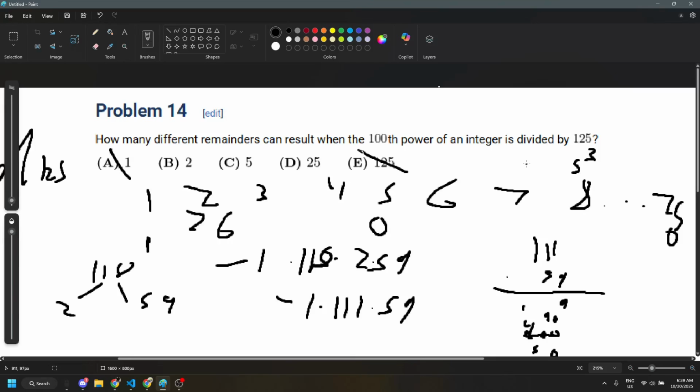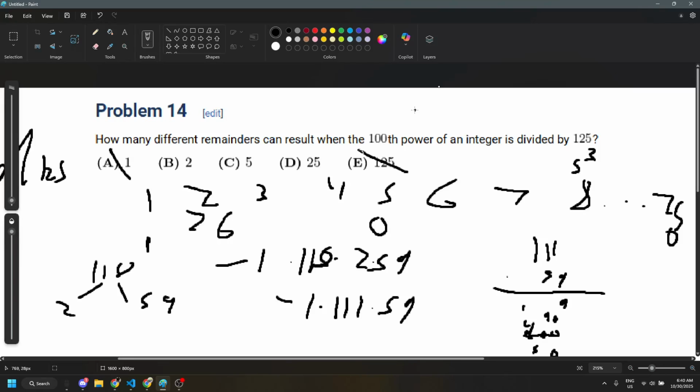So, if I'm thinking about this, I'd think that there's only 5 options for numbers. Oh yeah, because every number that is divisible by 5 is divisible by 125 when brought to the 100th power.